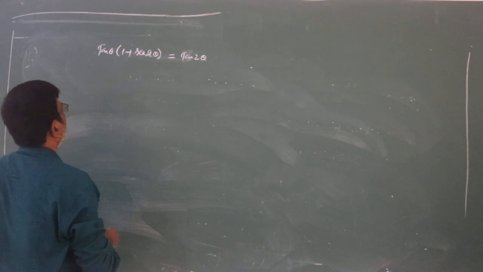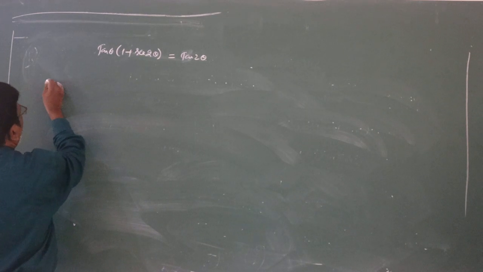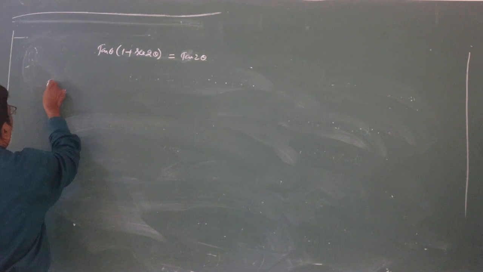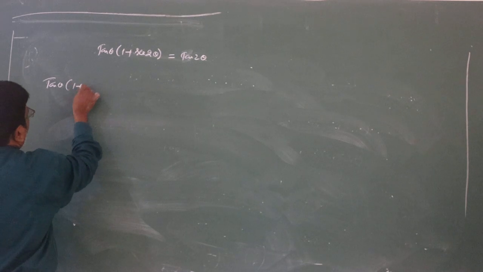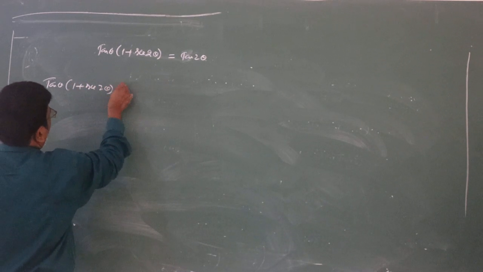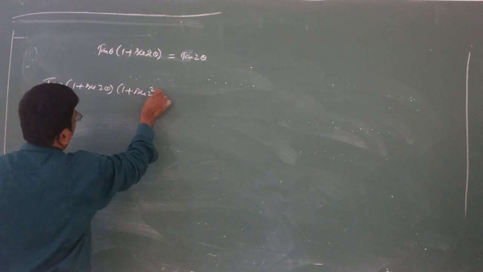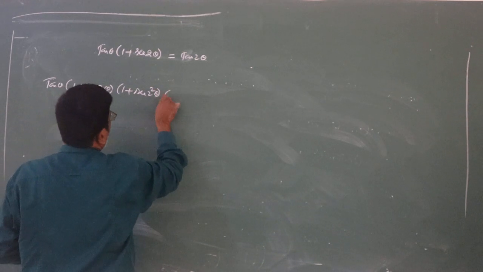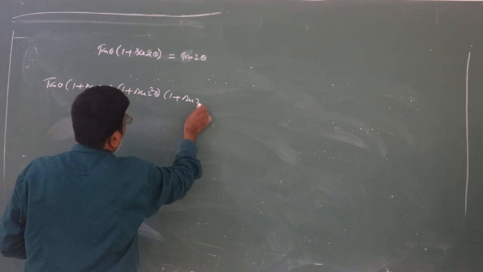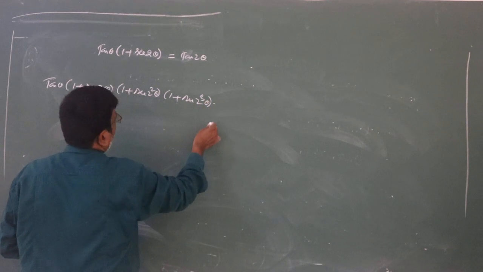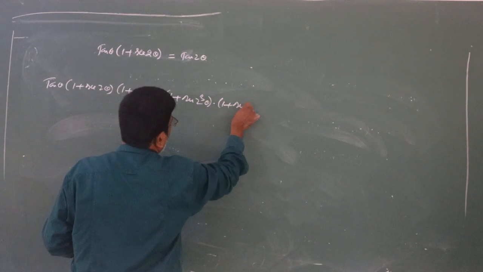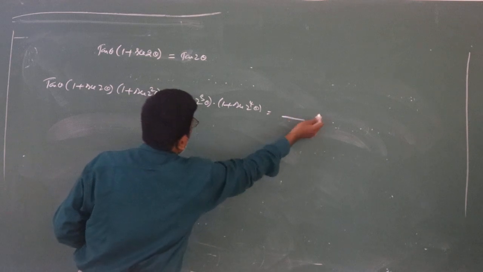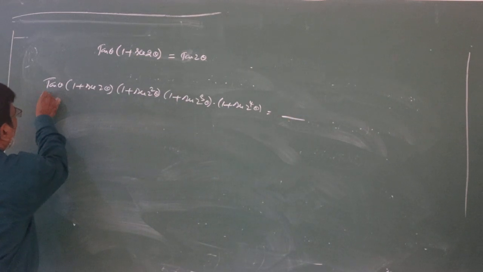The question is given like this: tan theta into 1 plus secant 2 theta into 1 plus secant 2 square theta, next 1 plus secant 2 cube theta, next 1 plus secant 2 power 4 theta equals dash. For this you have to apply this formula.